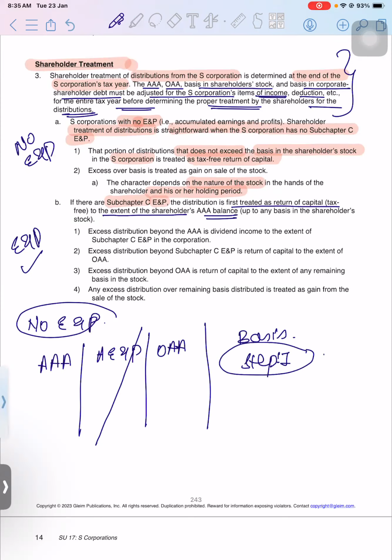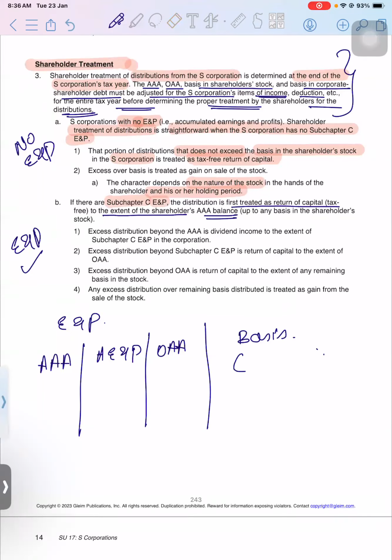If there is ENP, your first step will start with the AAA balance. This will get reduced, but it is limited to a maximum of your basis amount.